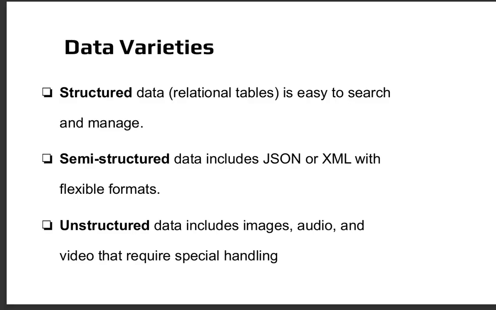Your semi-structured databases use JSON, JavaScript object notation, and XML, extensible markup language, to allow us to perform some standard search queries in more flexible formats. Unstructured data are all of your images, audio, and video that comprise your individual records within the database. These will require special encryption and privacy.